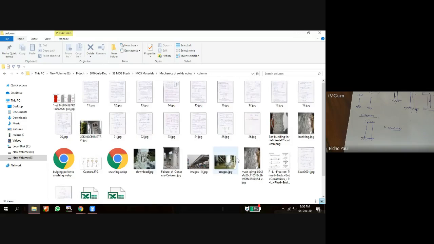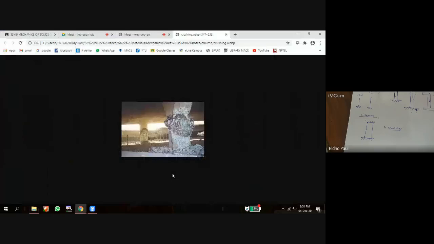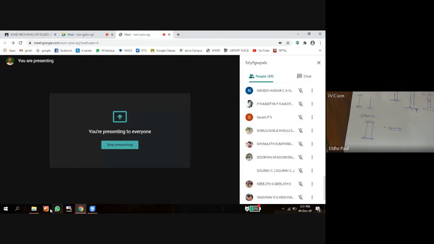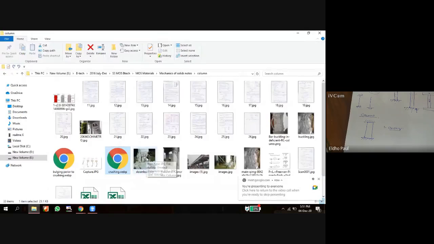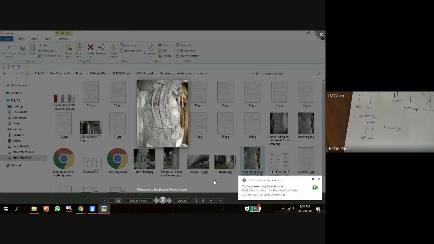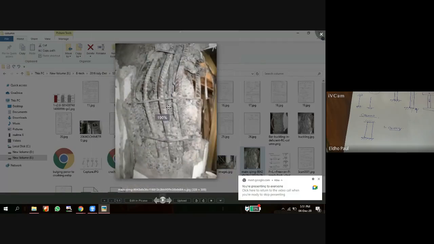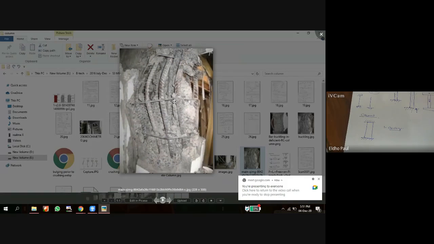This is buckling. So this one is the crushing failure. See this. I will show another one. This one is almost a crushing failure. See this, this is a crushing failure.